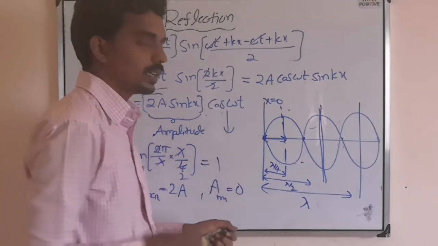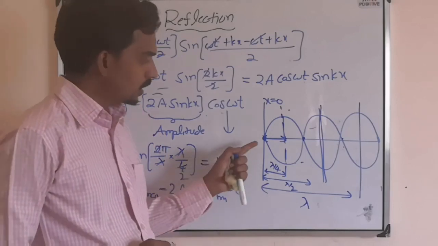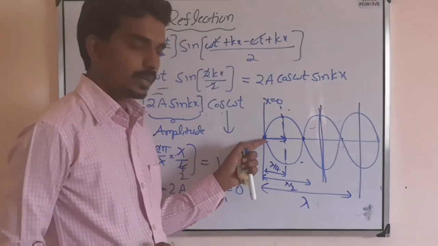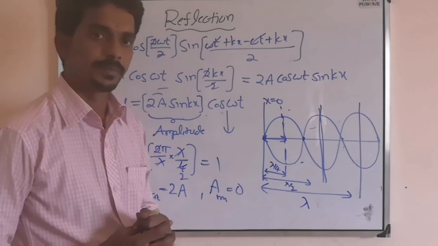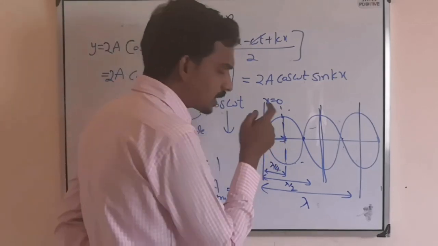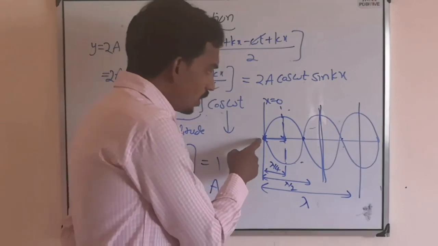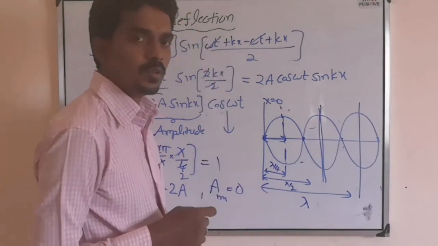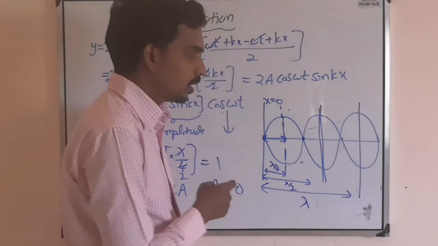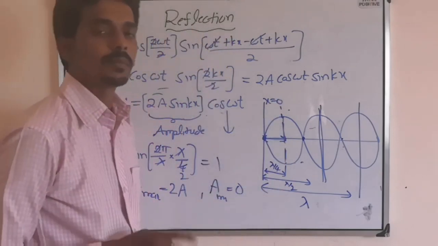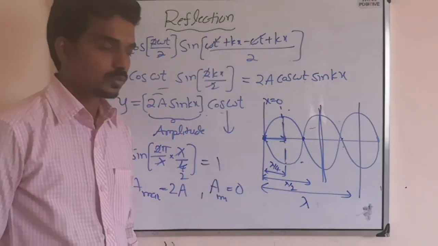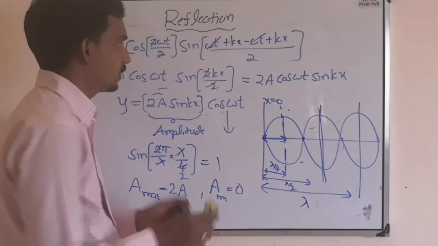So let us try to make a generalized equation for the positions of minimum amplitude and maximum amplitude. These minimum and maximum amplitude positions we call node and antinode. Node means minimum amplitude, antinode means maximum amplitude. Right? So let us try to understand that.